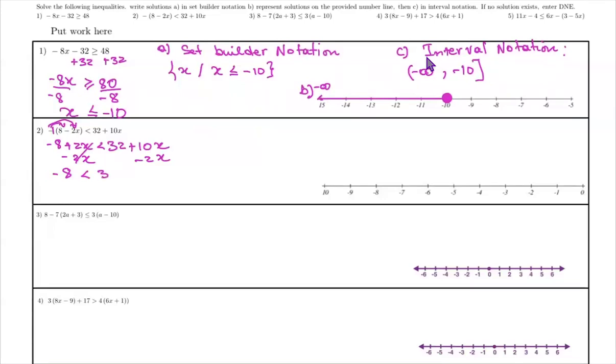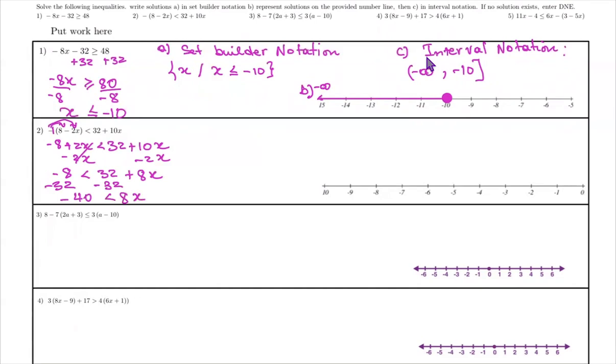32 plus 8x. And then if we subtract 32 on both sides, that would give you -40 less than 8x.